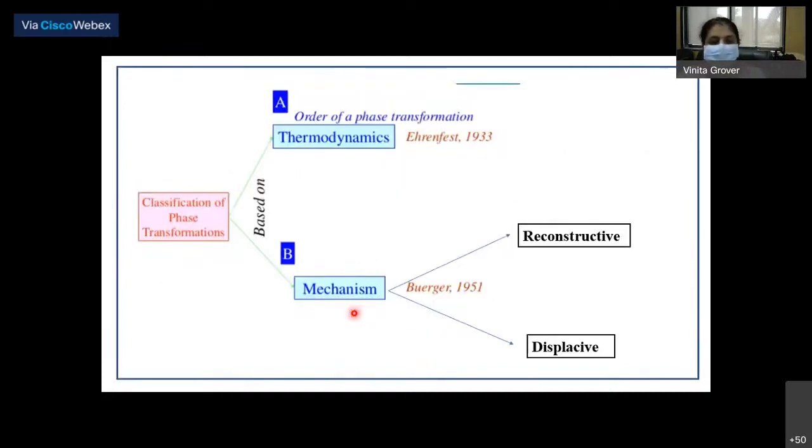Okay. So how do we classify phase transitions? See, when I used to study it, there's one thing I would always wonder about right from school days. Why do we need classifications? Why do we have to memorize classification? See, why we talk about classifications at all is that later on, suppose you are working on some material and you observe a phase transformation which is not reported earlier. That happens with scientists.